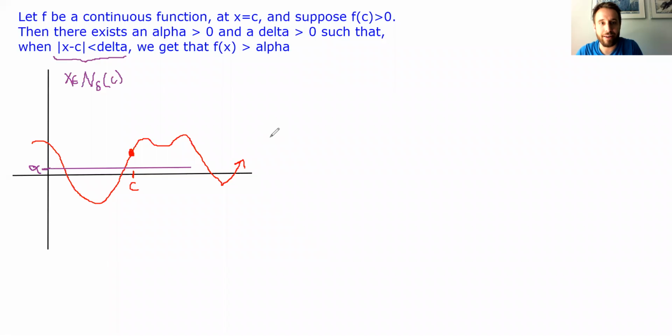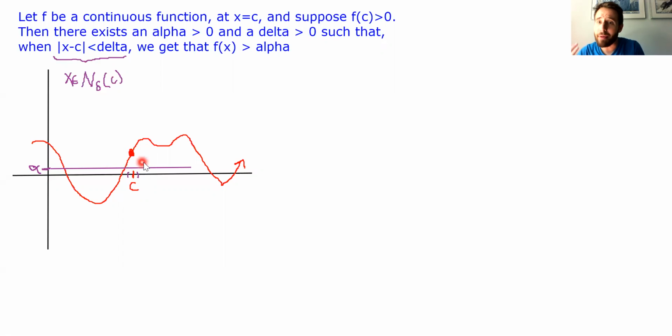If I just examine that height, then there should be a little delta window right around c. Maybe this is my delta neighborhood, such that whenever I'm plugging in an x value that's in that delta neighborhood, we have that the corresponding height f of x must be bigger than alpha. In other words, the values that I plug in here must fall above the height alpha.